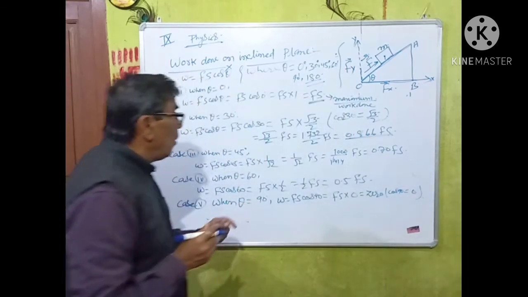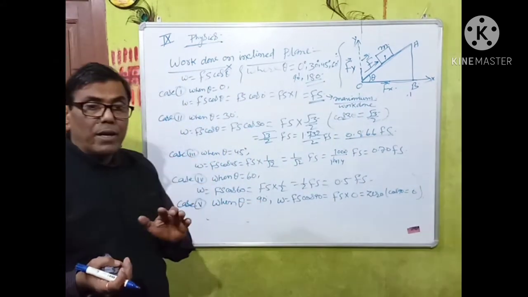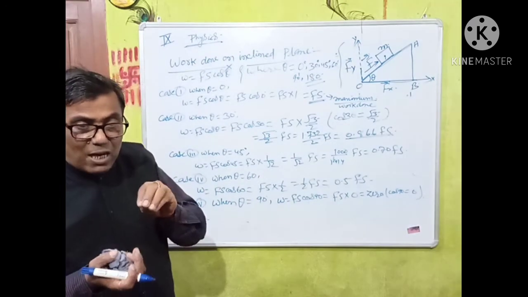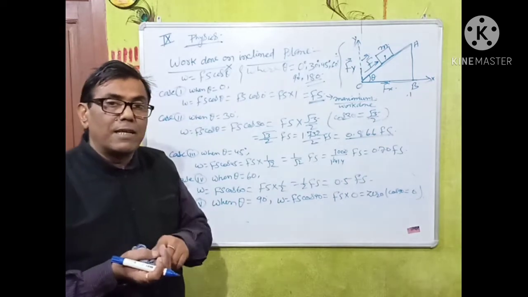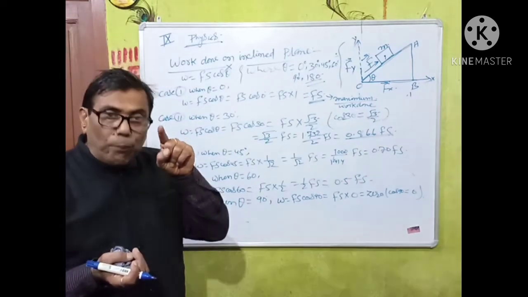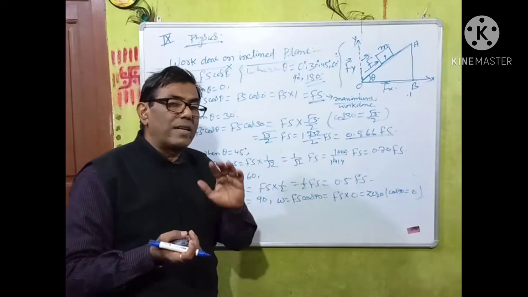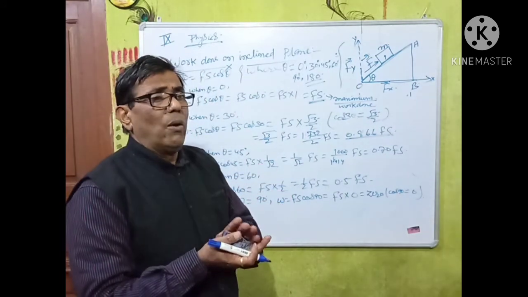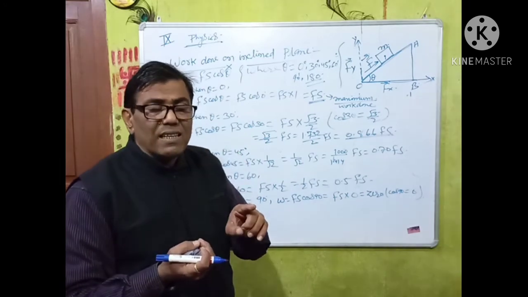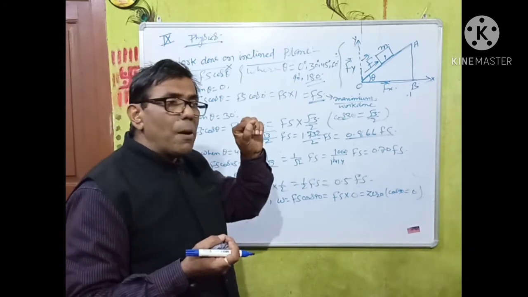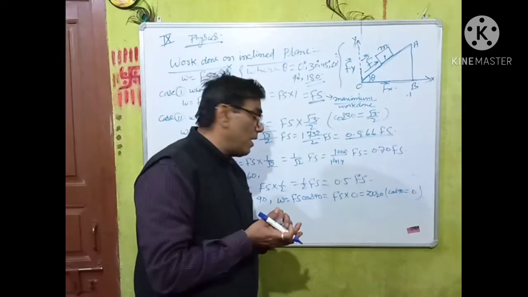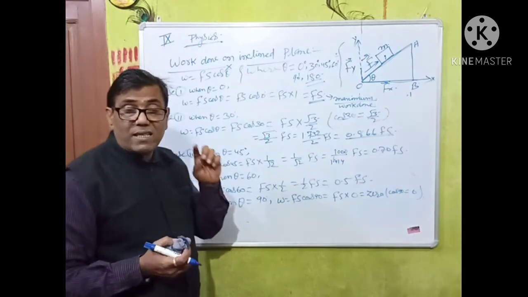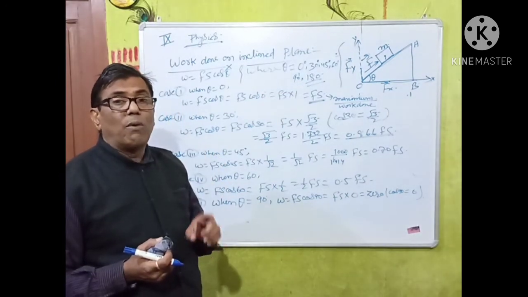So when any body travels on an inclined plane and its angle starts from 0 to below 90 degree, then work done will be positive. We can say that when any object travels on an inclined surface at an acute angle, this work done will be positive. But when the angle theta is equal to 90 degree, then work done will be 0.